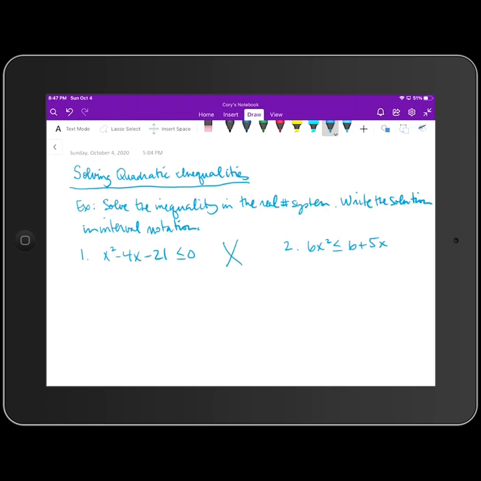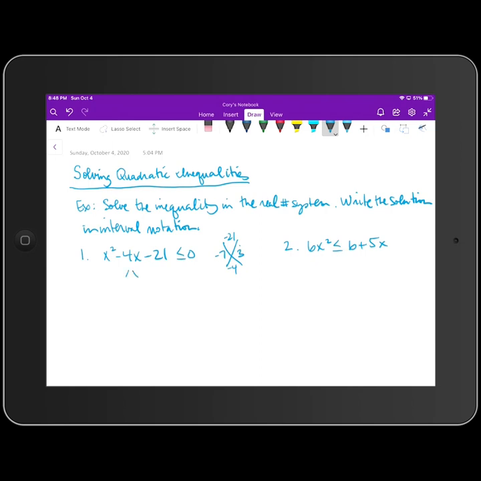So we're looking for two numbers that multiply to give the top number. So that top number is going to be -21, the constant, times the leading coefficient, which is 1. So -21 times 1 is -21. And then add to give the bottom number, which is -4. That's the coefficient of the middle term. And there are two numbers for which that occurs. That is -7 and 3.